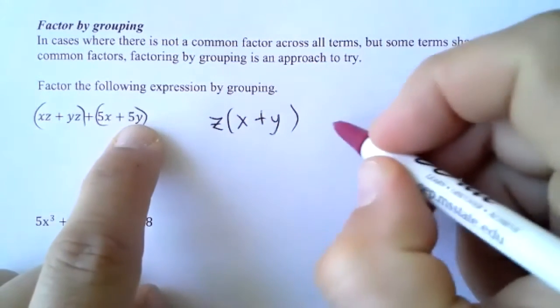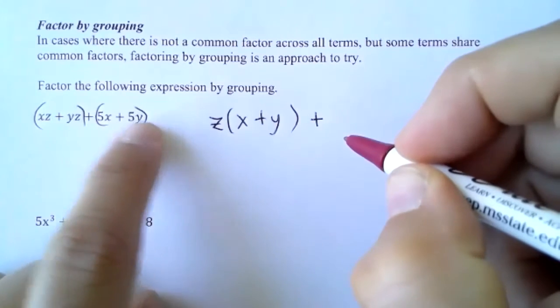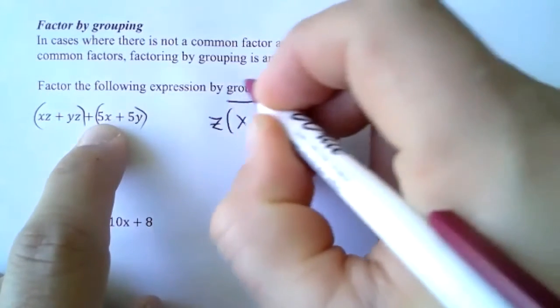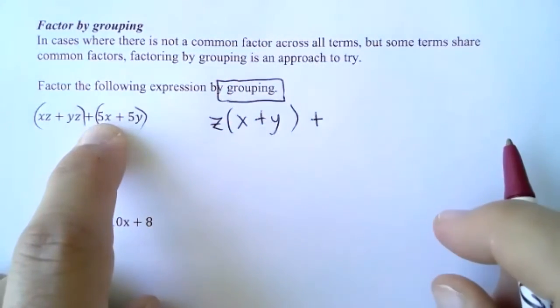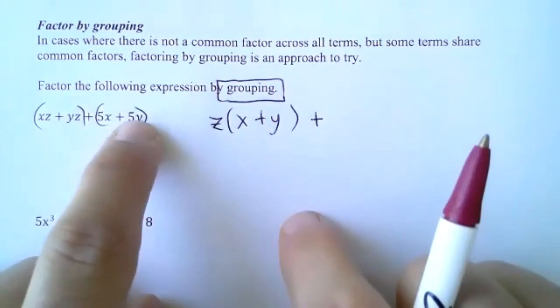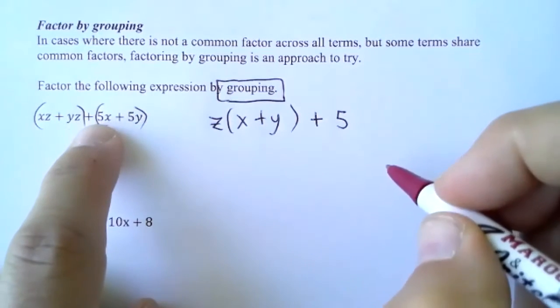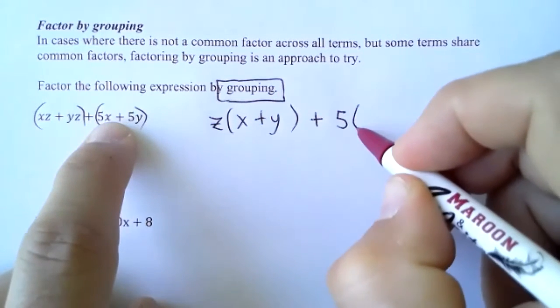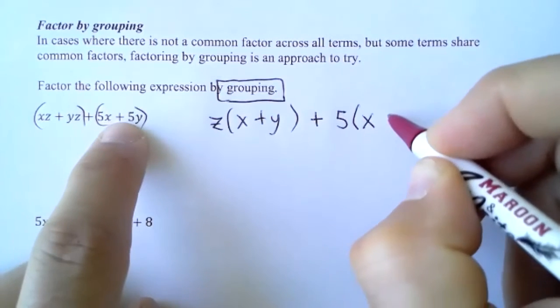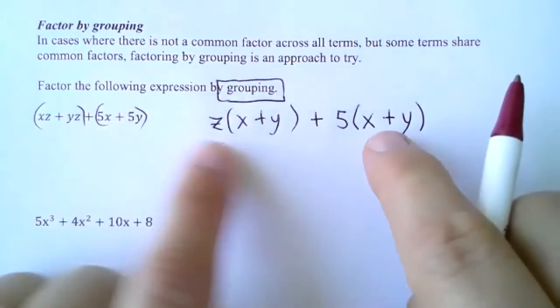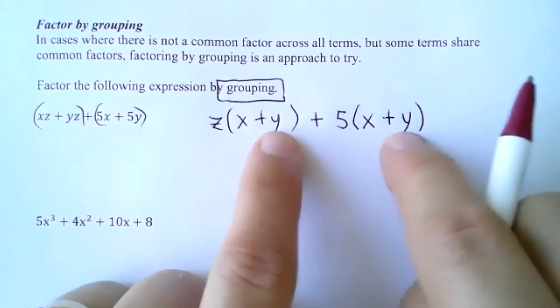Now let's come over here. Plus, what's common between these two terms? All right, we're grouping. That's what's happening here. We're factoring by grouping. So we group this, and we're going to pull out what's common, and we have 5 for that common factor. And what's inside? We have an x and a plus and a y for that. And so x plus y is what's common here.